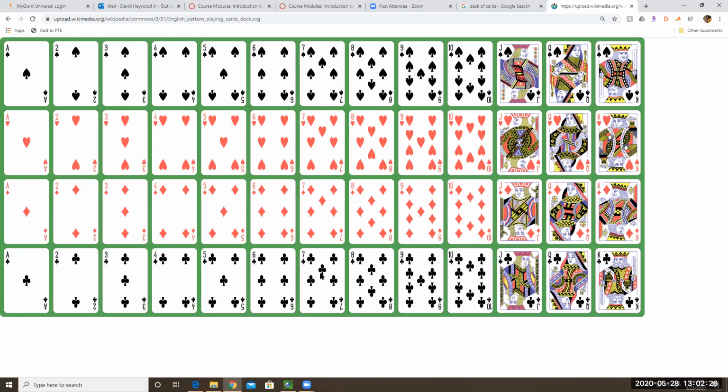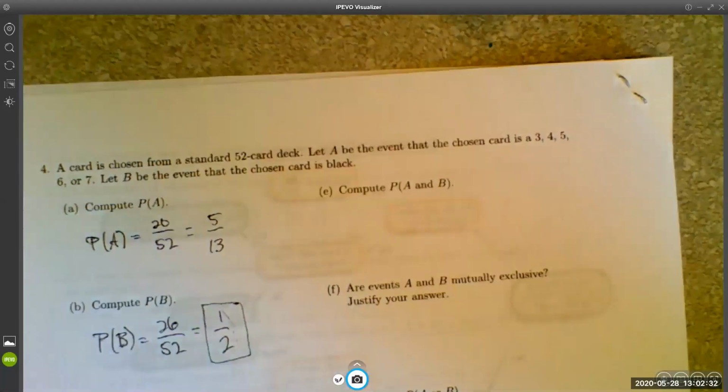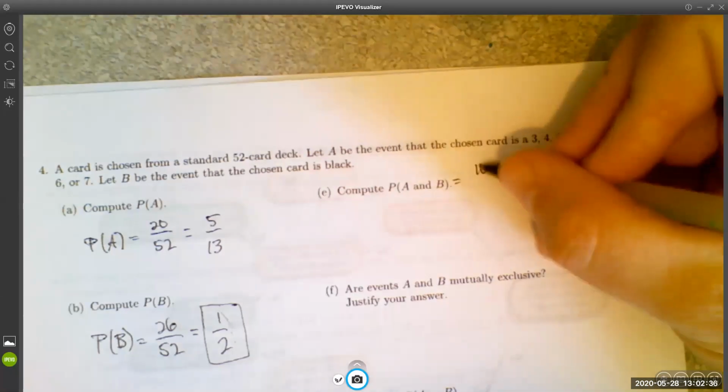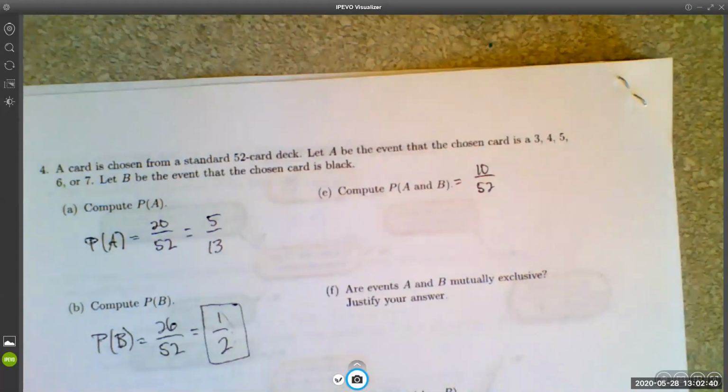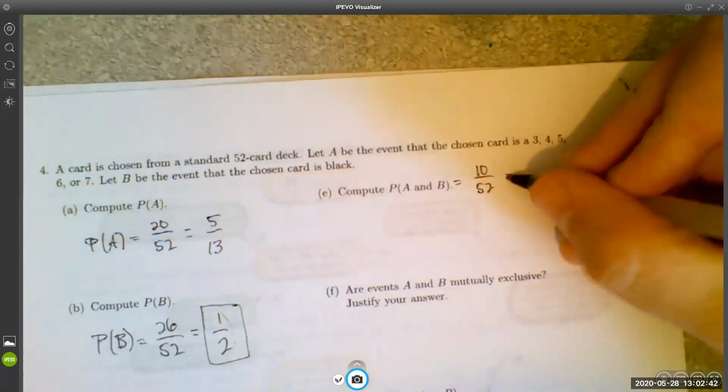So there are 10 black cards that are 3s, 4s, 5s, 6s, or 7s, out of 52 cards in total. So the probability of A and B is 10 out of 52, which reduces to 5 out of 26.